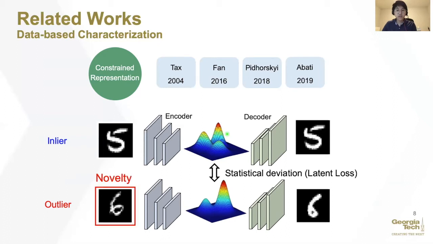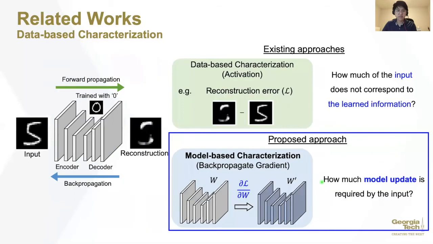Compared to normal data, novel data deviates more from the constraint, and the latent loss effectively captures this deviation. Compared to the reconstruction error and the latent loss, which are obtained from forward propagation, our proposed approach utilizes backpropagated gradients for novelty detection.